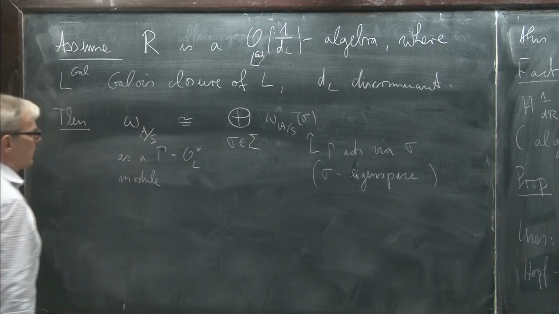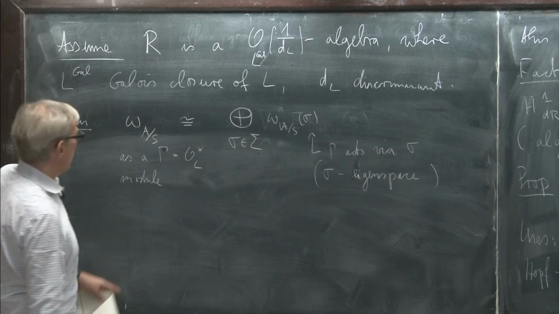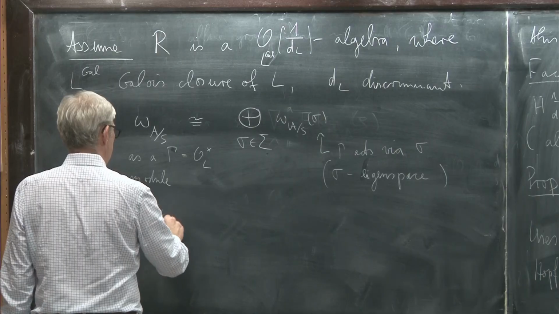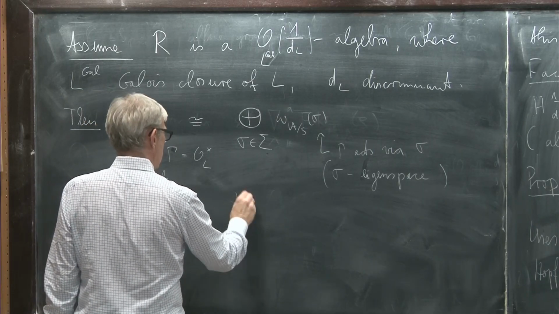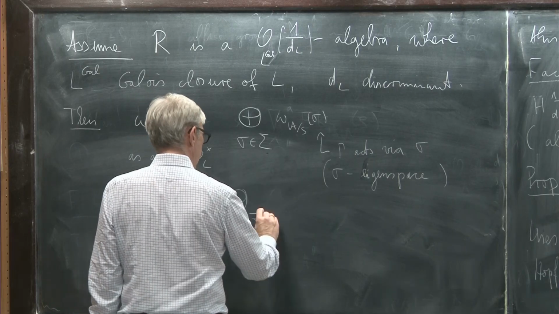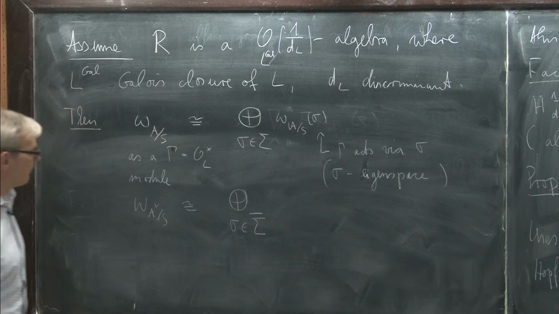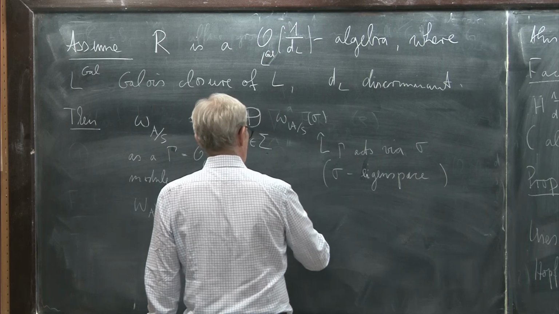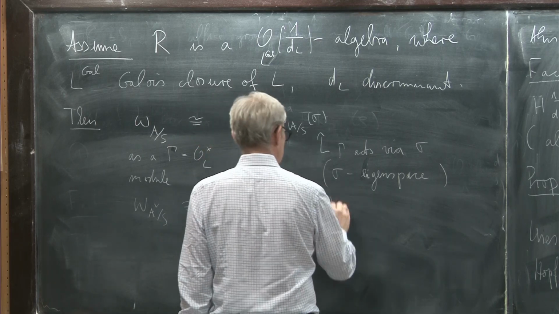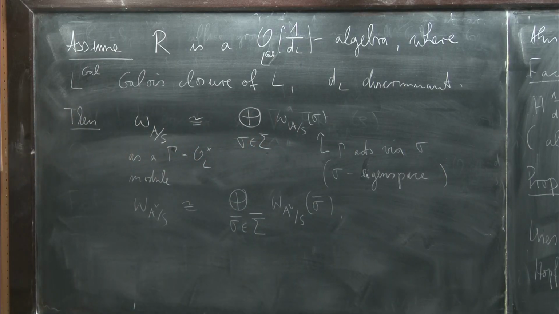Okay, so we can do that, and similarly for omega A dual S, and you get here that in fact only the sigma in the complex conjugates are involved. So you have here omega A dual S sigma, say sigma bars here.